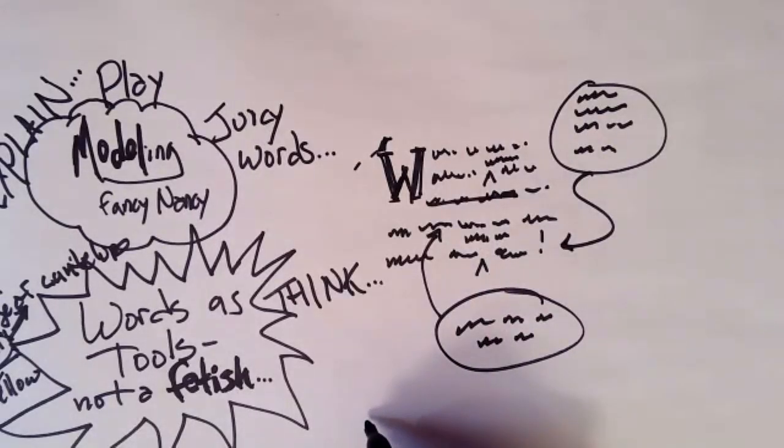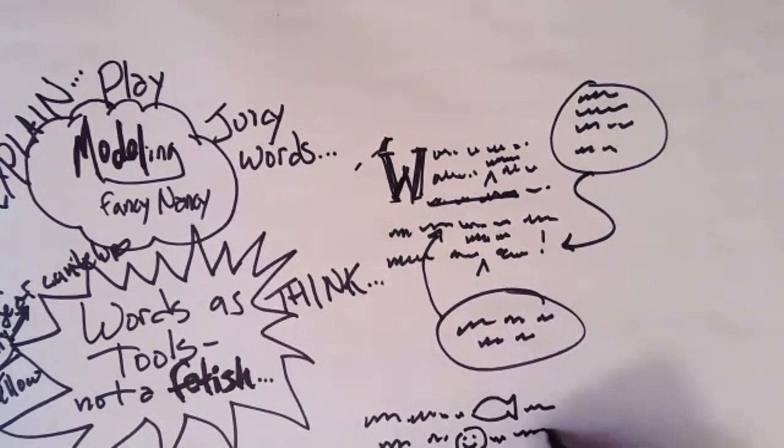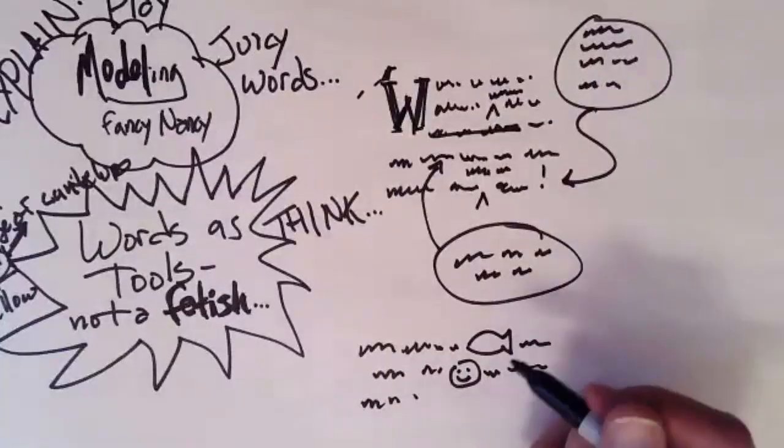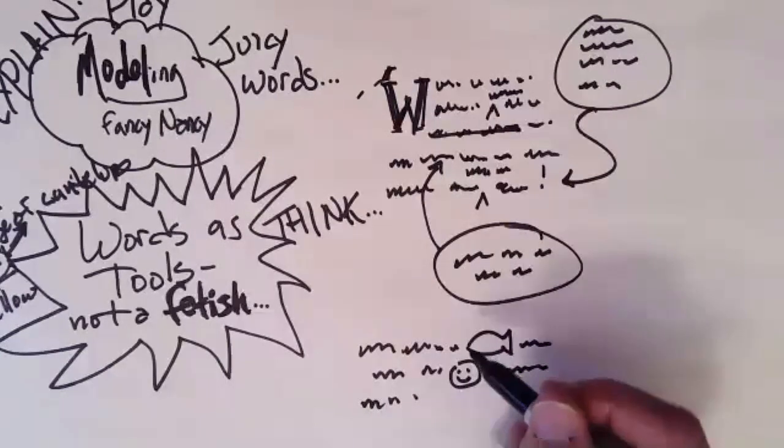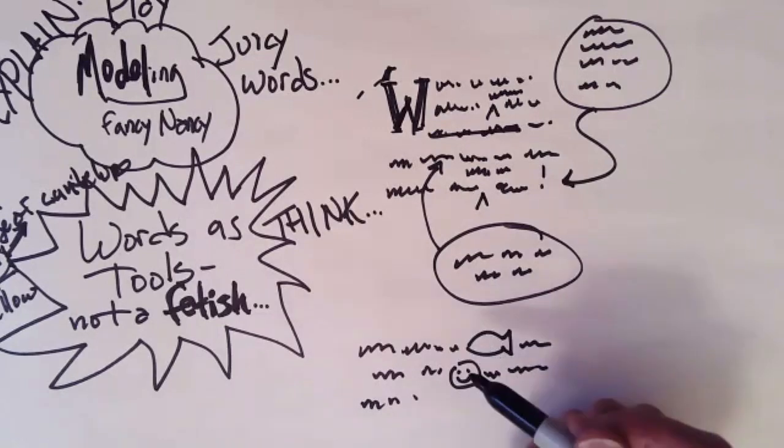Another thing you can do as you're writing along about fish, you can actually include icons that make you happy into your sentence. Just because, again, it's fun, it's playful, and it gets us out of the box of the way that we normally think.